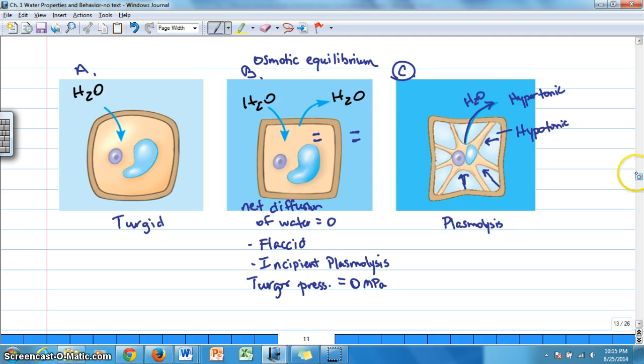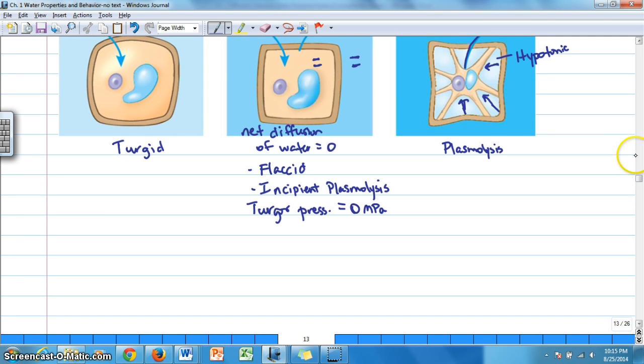And we use this unit here, megapascals, which we'll be talking about in greater detail when we get to some future topics. Now our question is following this whole idea that water is moving down its own concentration gradient.